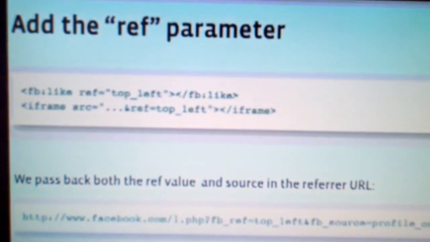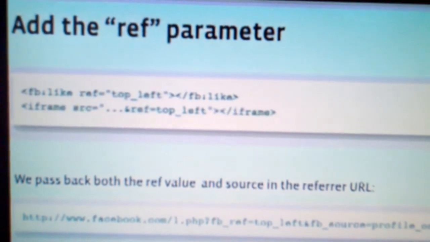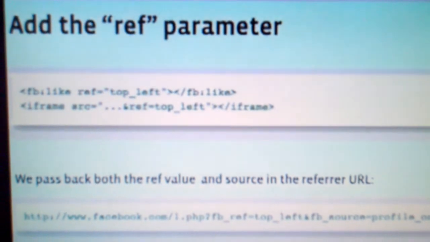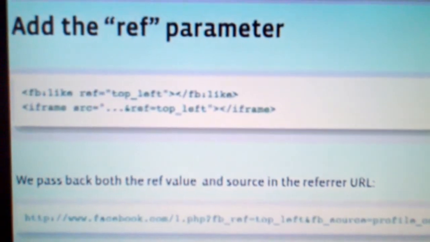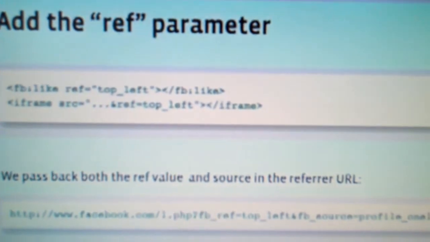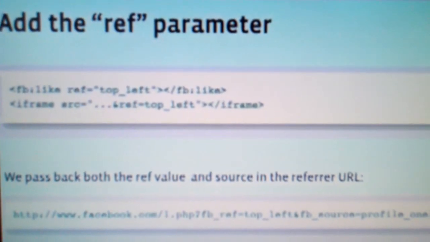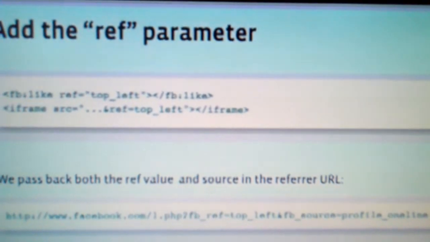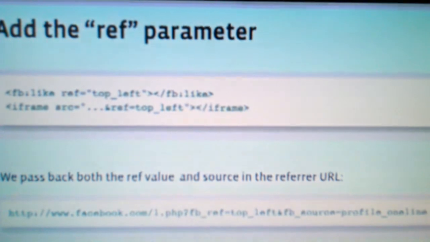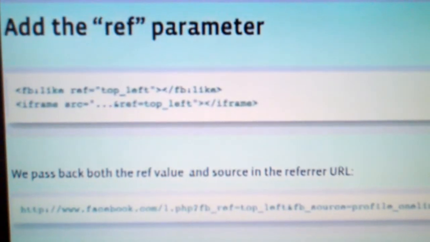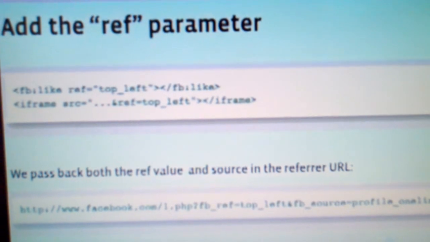And so when you receive this link back from either your analytics providers like Google Analytics or Omniture, what you're going to look for is this fb_ref param to indicate the placement that resulted in that click back to your site. And so you can begin to test and see whether or not you received more traffic from the top left corner or, say, the bottom right corner. This is something that we provide for you.